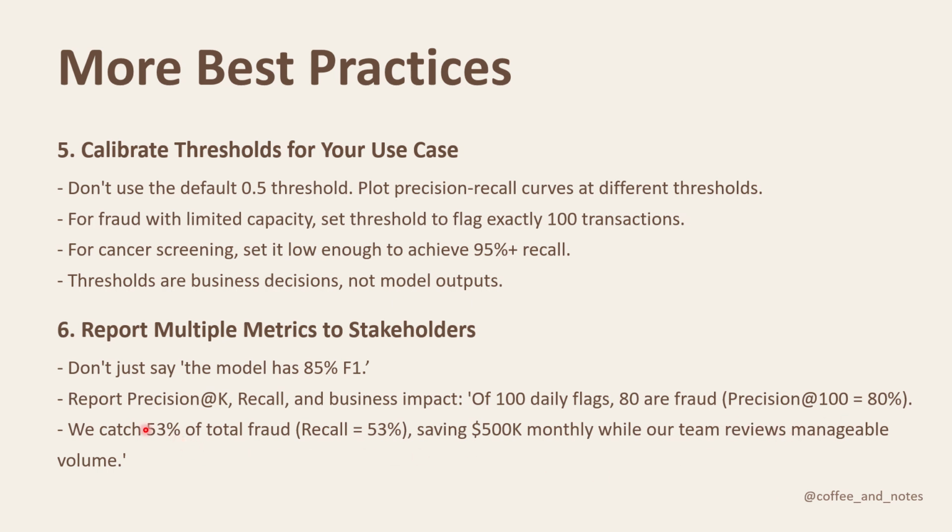We are catching 53% of total fraud. That's a recall of 53%, which saves us approximately $500,000 per month while keeping our team's workload manageable. That's how you present to the business. See the difference? You have connected metrics to business impact, team operations, and dollar amounts. That's what stakeholders need to hear.